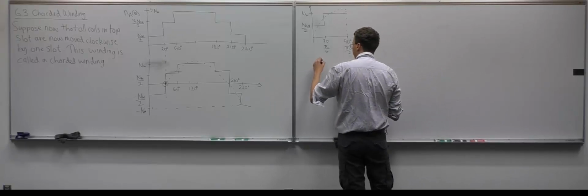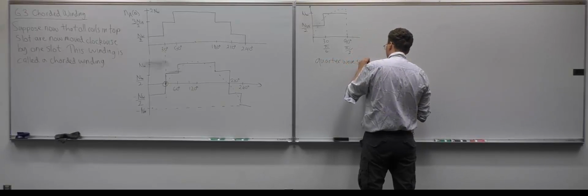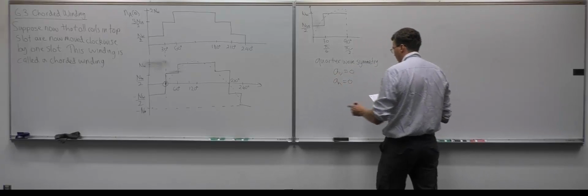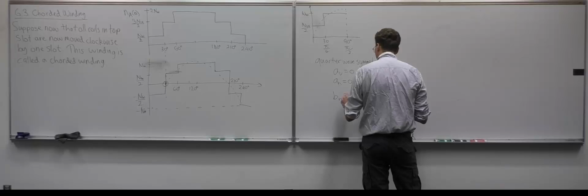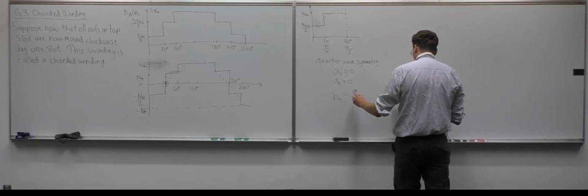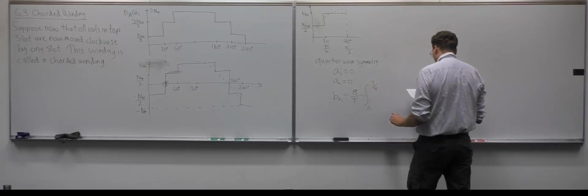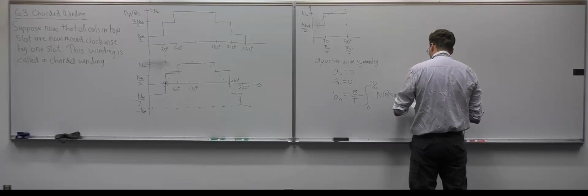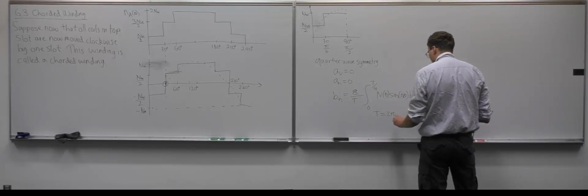So there's quarter wave symmetry. In quarter wave symmetry, using the same notation we had before, the A component is 0, and the Bn component, which is associated with the sine terms, is going to be 8 over the period, and then T over 4, we only have to do a quarter of the waveform because it's quarter wave symmetry, and so this is what we get, where T is in this case 2 pi.